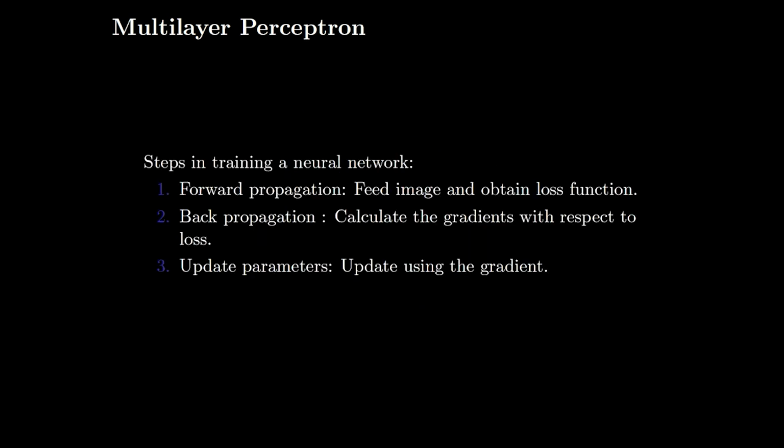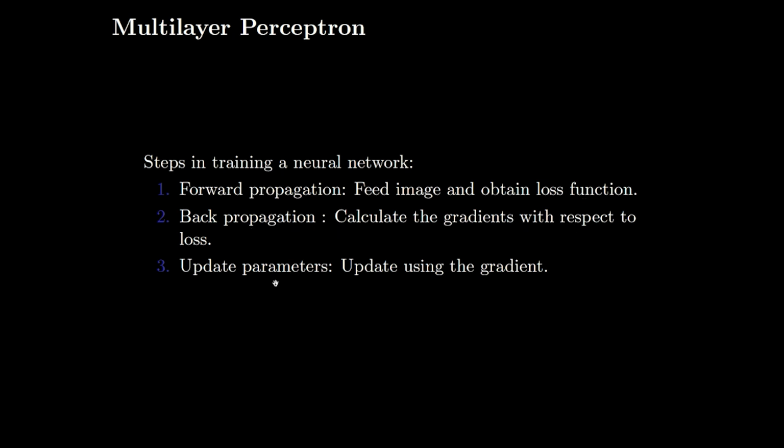The steps in training a multi-layer perceptron are as follows. First, during forward propagation, we feed the images to the network, obtain the label from the network and compare it with the true label that we have. Using that, we get the loss function. In the back propagation pass, we calculate the gradients with respect to the loss obtained.